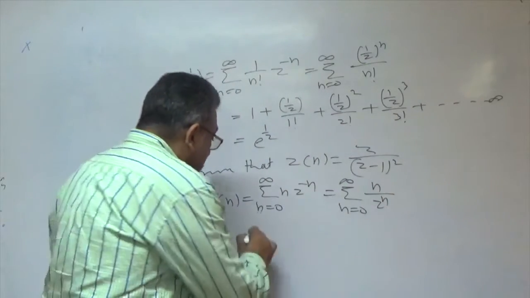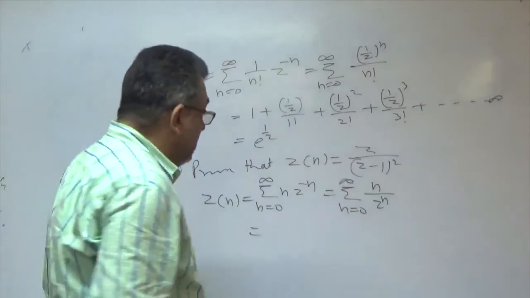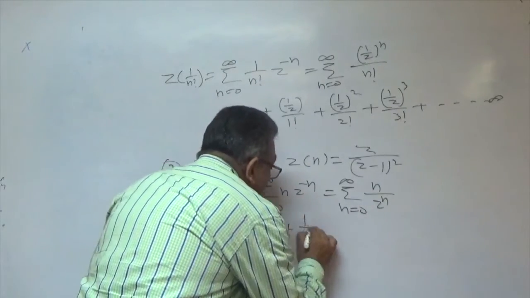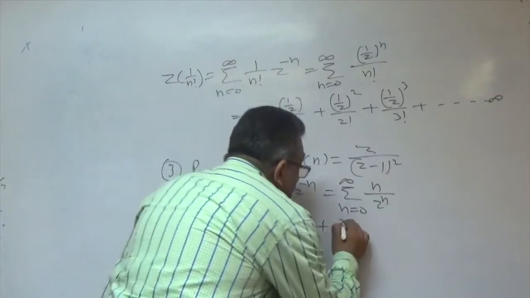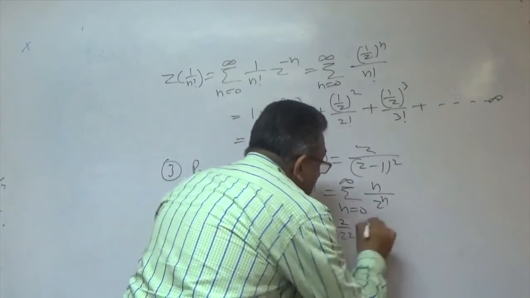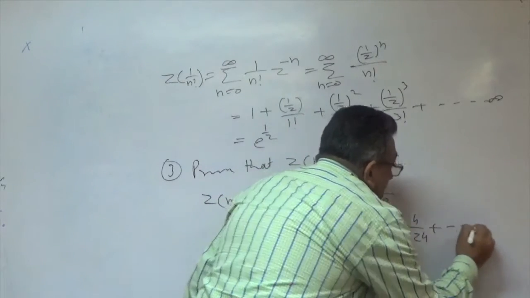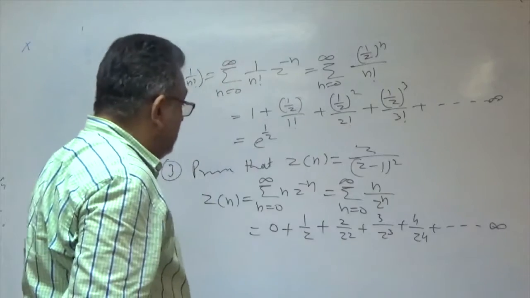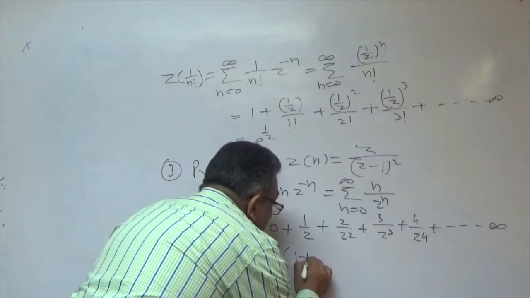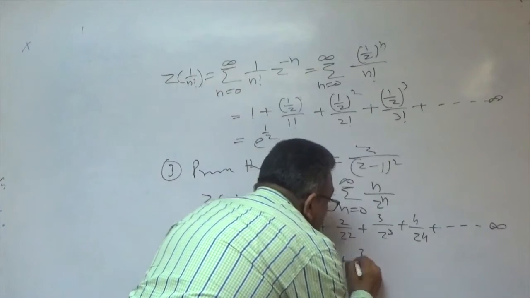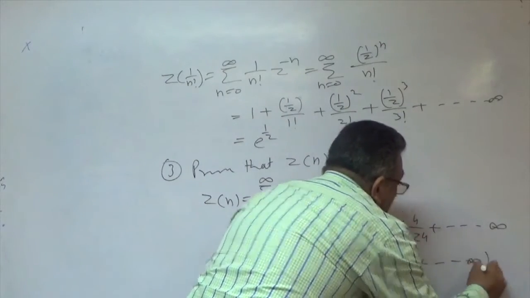Now, if you substitute the values and expand this series by putting n equal to 0, 1, 2, 3 and so on: first we take 0, second after putting n equal to 1, that is 1 by z, after putting n equal to 2, that is 2 by z square, after n equal to 3, that is 3 by z cube, 4 by z to power 4, and so on up to infinity, right? This is 0. From the second term, if we take 1 by z common, then 1 plus 2 by z plus 3 by z square plus 4 by z cube plus so on up to infinity, right?